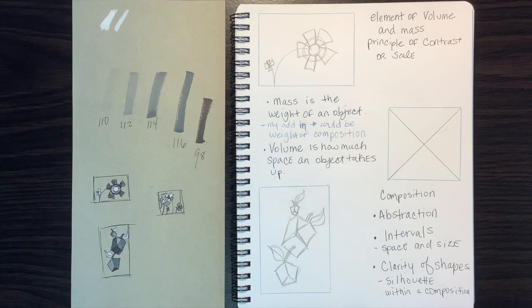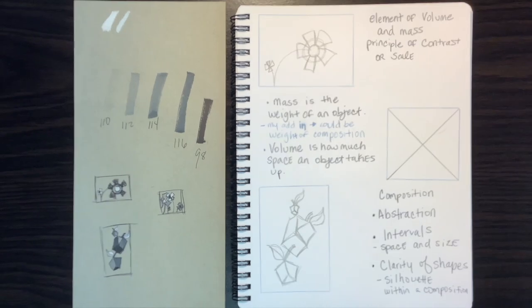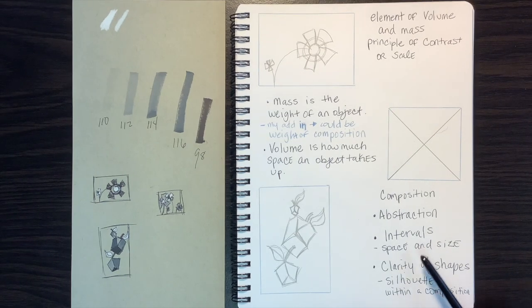When it comes to intervals, so this 100%, it's not a composition structure, but I think it's very important within a composition. Let's say, for example, you have a horizontal composition, right? Sometimes you may hear a horizontal composition structure, or you may hear a horizontal bar. But if you have a horizontal composition, intervals are very important because it deals with space and size.